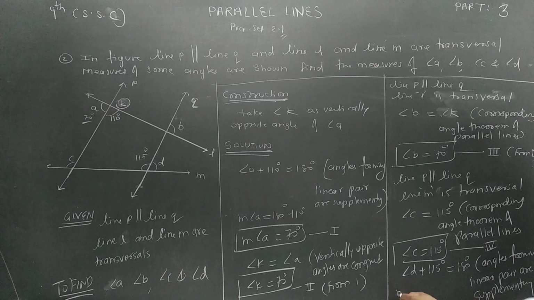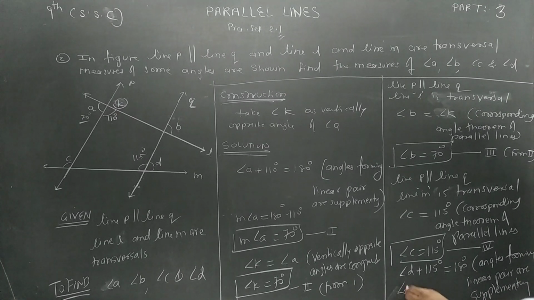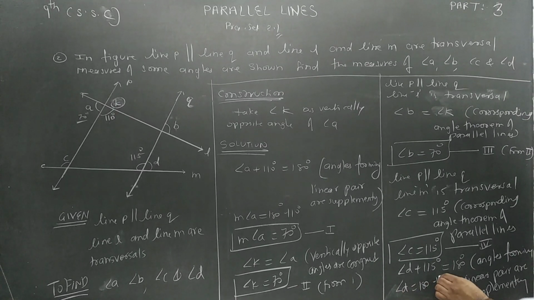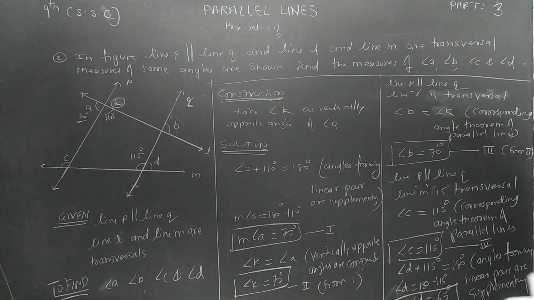So, measure angle D. Angle D is equal to 180 minus 115 degree. Angle D is equal to 65 degree. Angle D is equal to what you got? 65 degree. It is the final answer for your question.